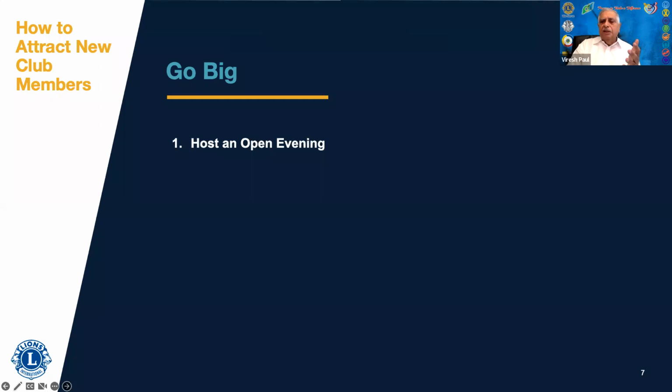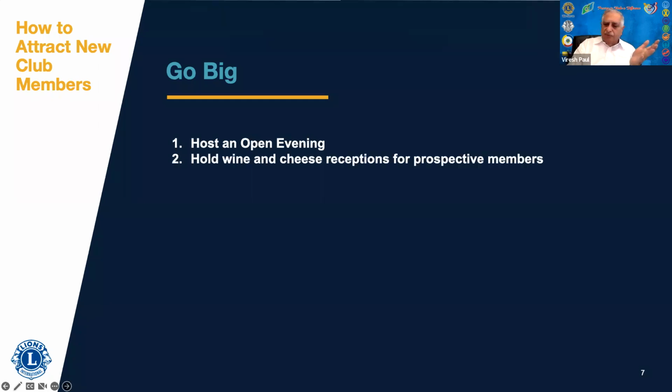It's an open evening. Let them come in. Turn it into a wine and cheese reception for prospective members if you want to, where you identified people who've been attending your club meetings regularly. Then you organize a wine and cheese evening for them. Another angle to get people interested in your club.